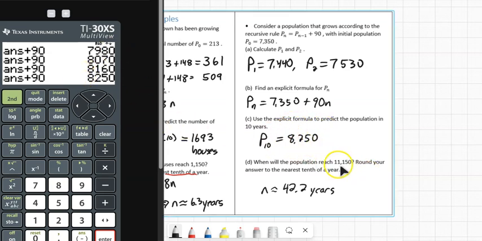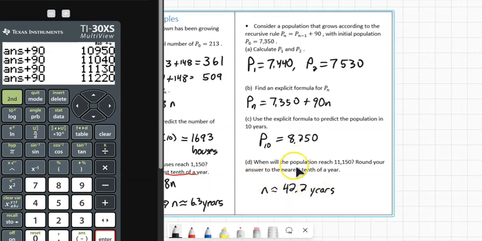And we want to get to 11,150 in 42.2 years. We can't go to the nearest tenth with this, but counting up through 40, 41, 42, it's a little after 42, but it's before 43.